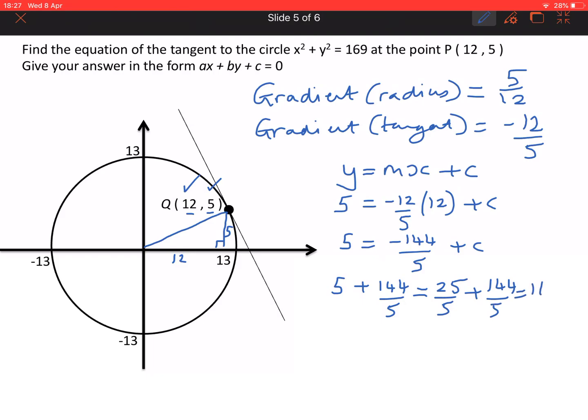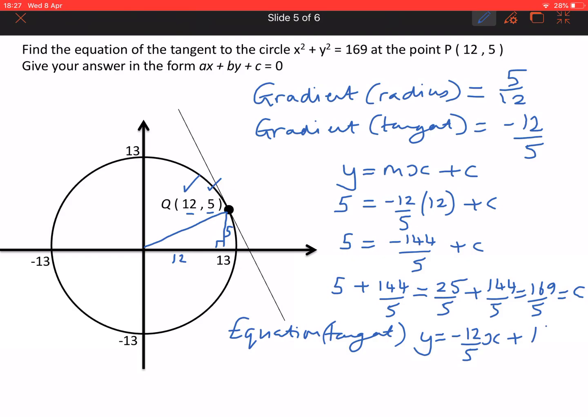So this is 169 over 5, which is c. So the equation of my tangent is y equals negative 12 fifths, which is the gradient, m, times x plus my c.